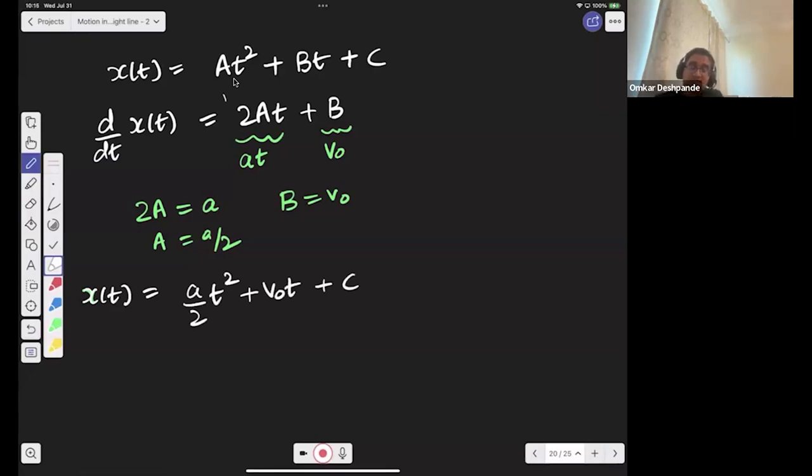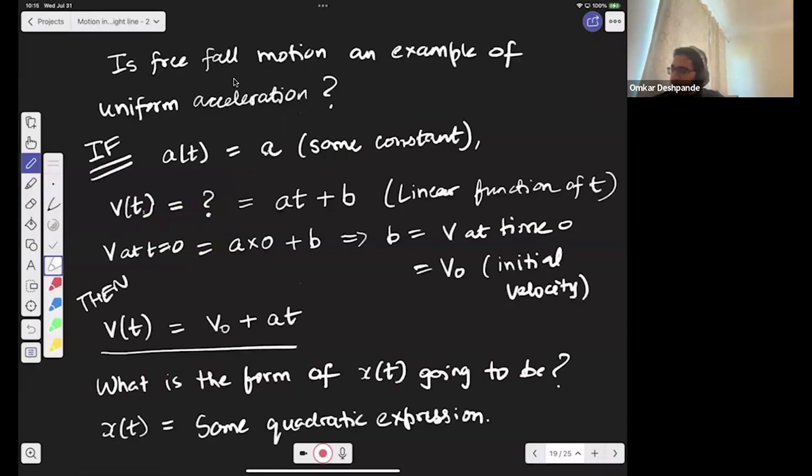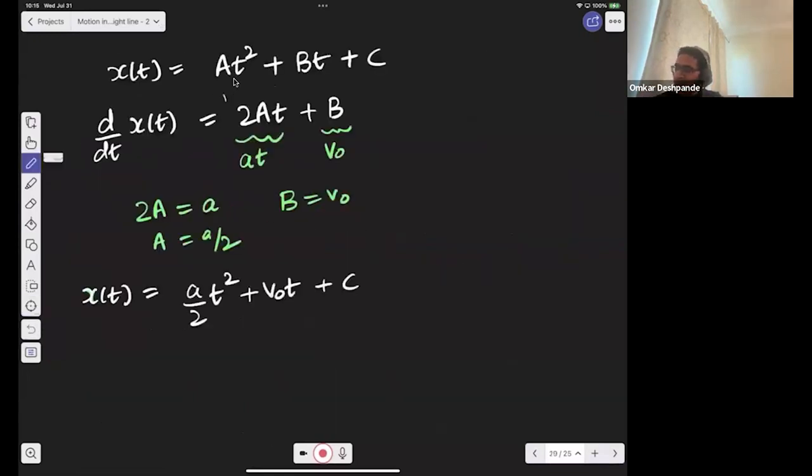I still don't know what C is, but I figured out what A and B should be so that I get exactly v0 plus at. Now I'll do the same thing that I did here, which is figure out what this constant is by just looking at the initial conditions. So at t equal to 0, I have x of 0 on the left side, the position at t equal to 0, which is x0, the initial position.